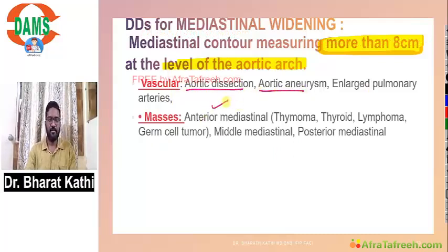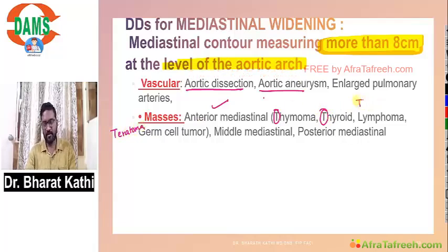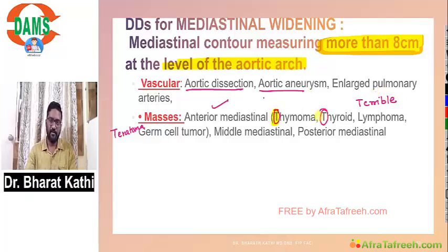In the anterior mediastinum, if they ask you what are the masses, everything starts with the letter T. It is thymoma, thyroid, germ cell tumor, teratoma, and another T is terrible lymphoma. This is how we used to remember. Anterior mediastinal masses, everything starts with the letter T: thymoma, teratoma, thyroid, and terrible lymphoma.